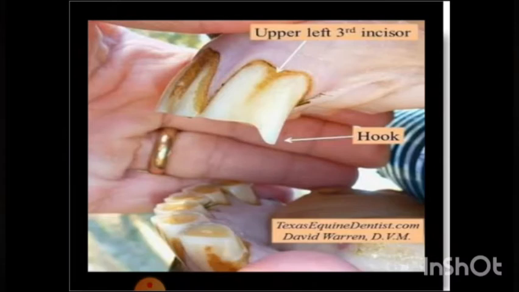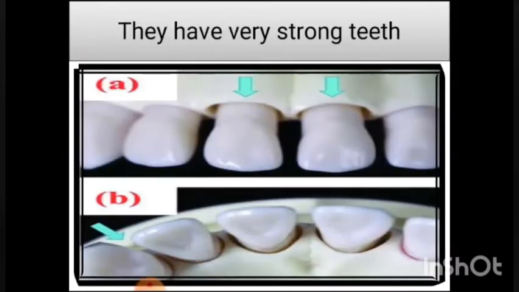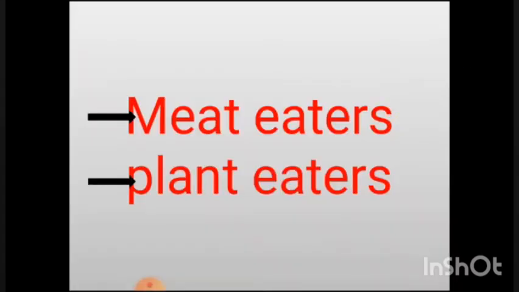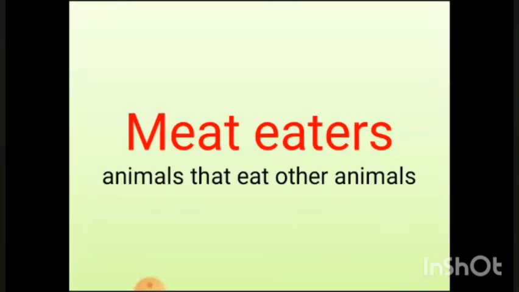For example, this is hook shaped, and the frontal teeth, that is incisors, they use it for biting of the food, and they have very strong teeth. Two types of eaters we have: meat eaters and plant eaters, with the help of which we can find out that animals eat which kind of food item.